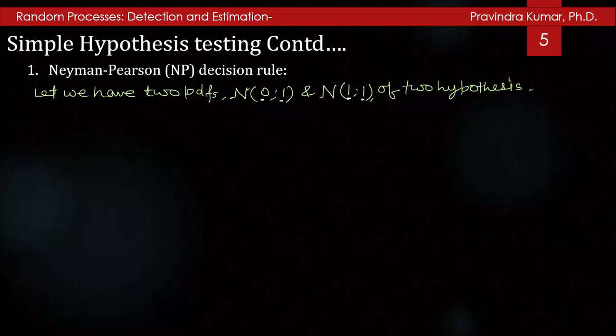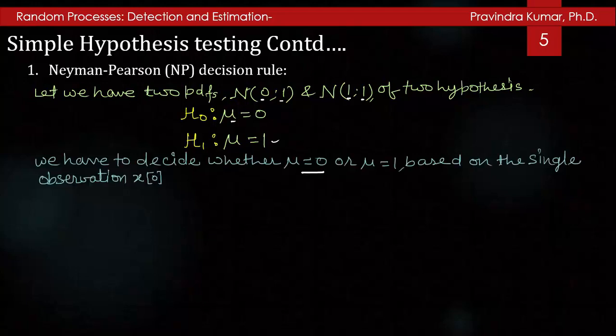So the two hypotheses corresponding to these two PDFs are: hypothesis H0 when the mean is 0, and hypothesis H1 when the mean is 1. Here we have to decide whether mu is equal to 0 or mu is equal to 1, based on the signal observation X0.